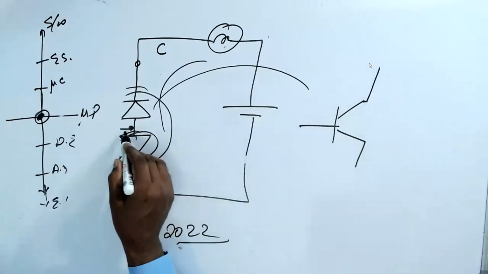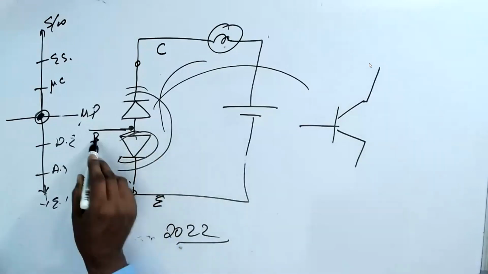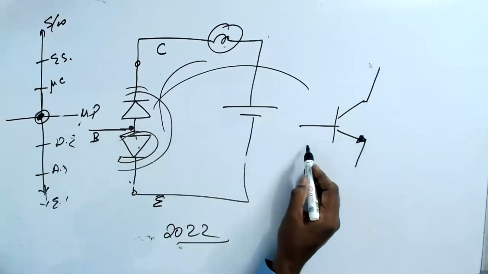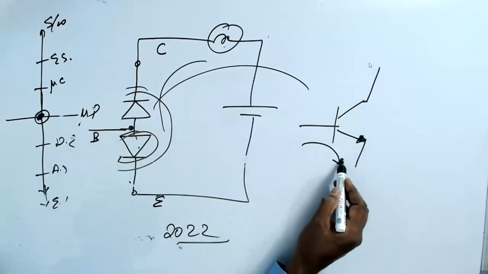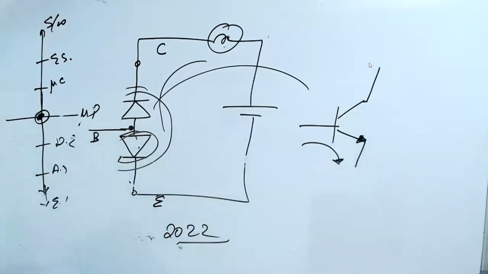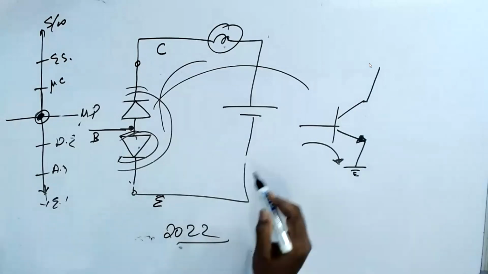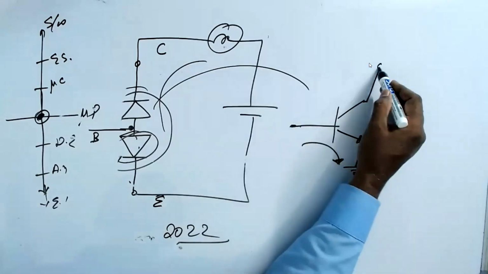This is the diode, this is the base. Base to emitter is this, so we put it like this. The current goes like this, understand? And you connect it to ground, and you supply here, then the current flows.